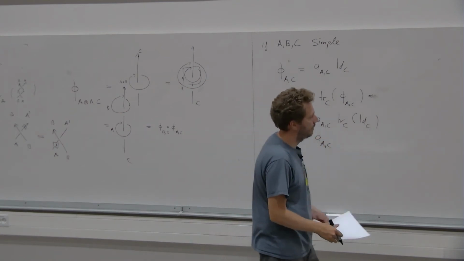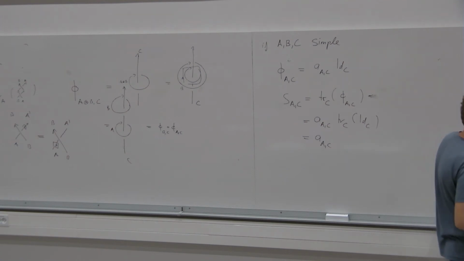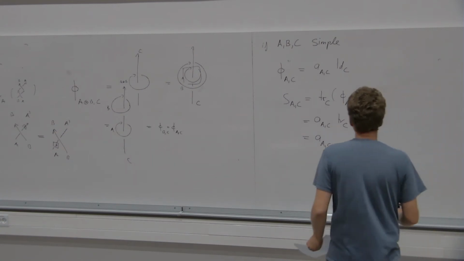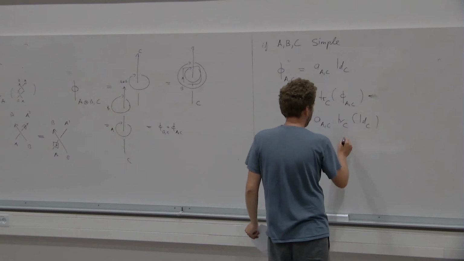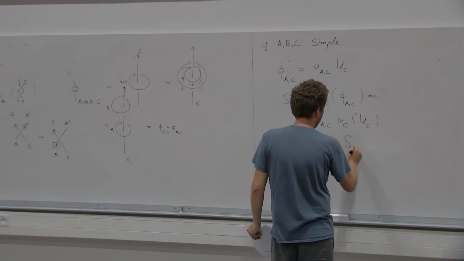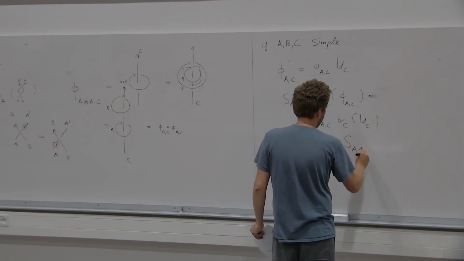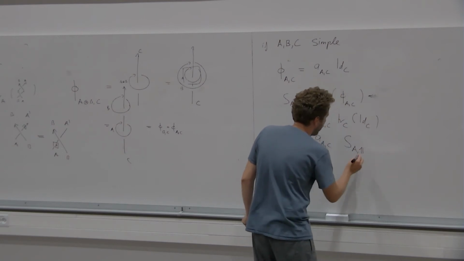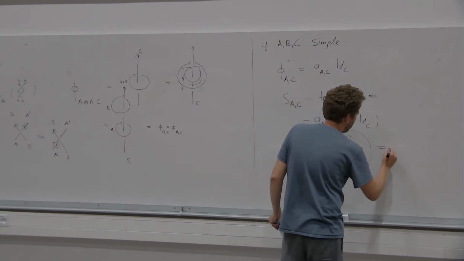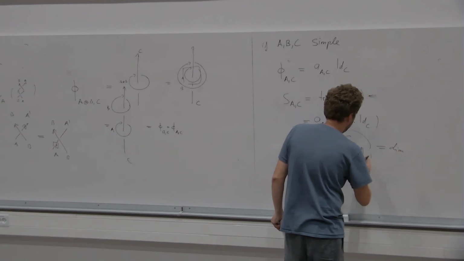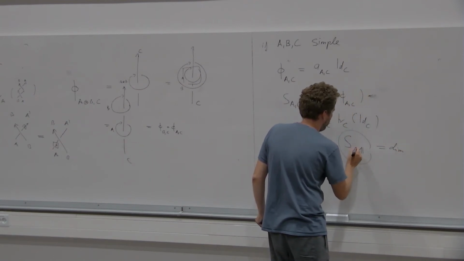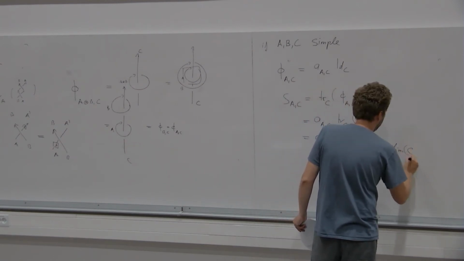But since the tensor identity has a trivial braiding with any object, you can also identify this with the Hopf link corresponding to A and the identity. I could equally well have called this just the dimension of the object C. Okay.